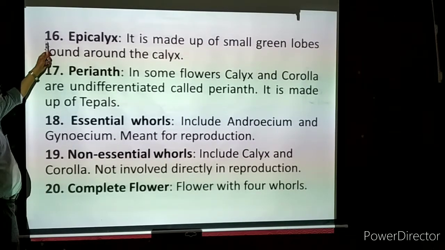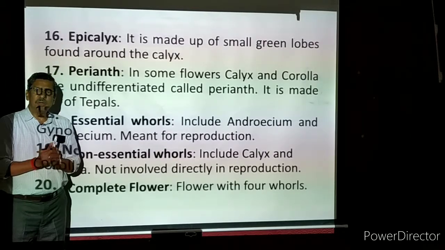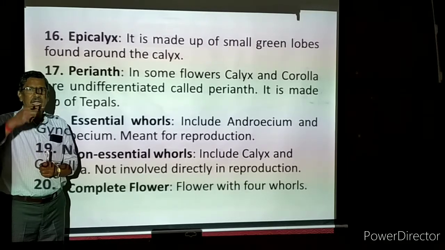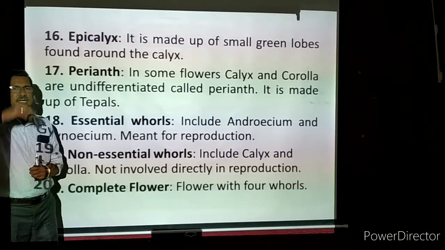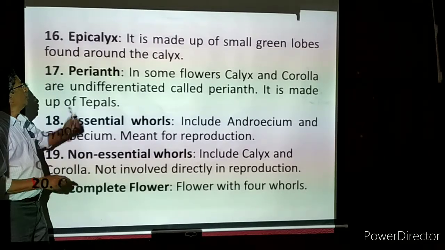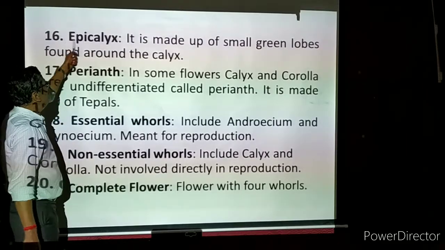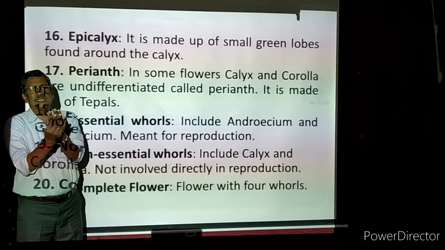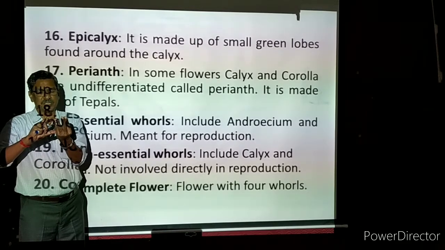Next, number 16, Epicalyx. Generally in a flower, four whorls will be there: calyx, inner to that corolla, further inner to that androecium, then at the center gynoecium. But rarely, in some flowers, we can find an epicalyx. What is that? Calyx is there, made up of sepals. It is the outermost whorl, a small green cup-like structure.